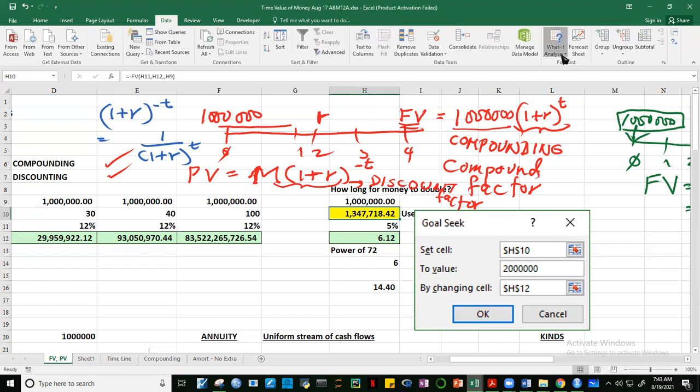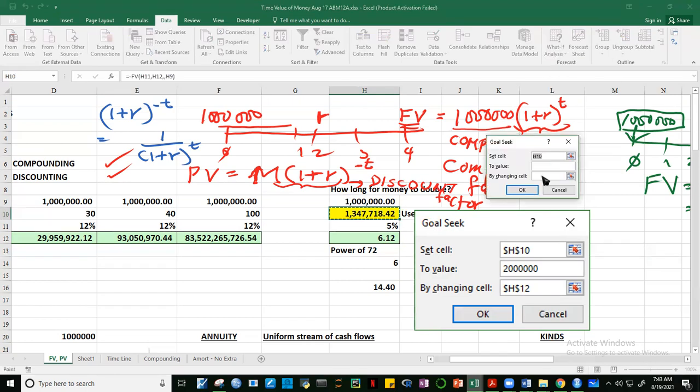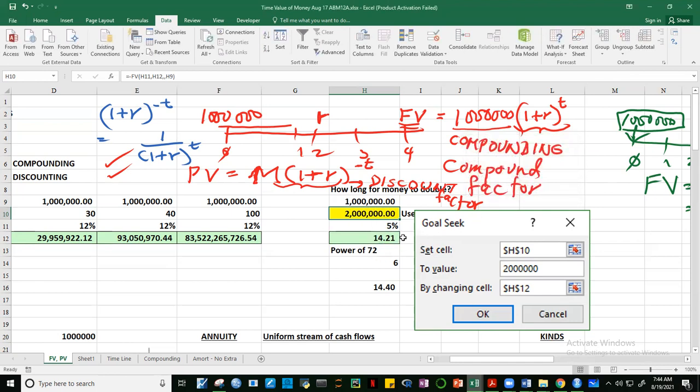So once again, What-If Analysis, Goal Seek, set cell, this one, should be equal to 2 million because our 1 million should double, by changing the time. Okay? So take note guys, these cells should be linked to our value here. Then we get 14.21, quite close to 14.40, which we got using the power of 72.